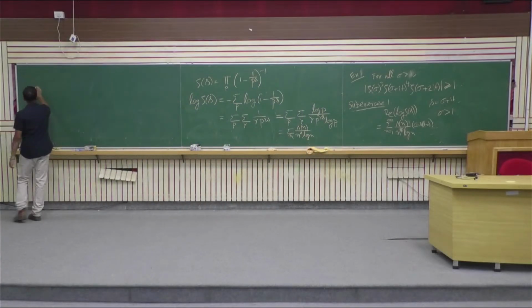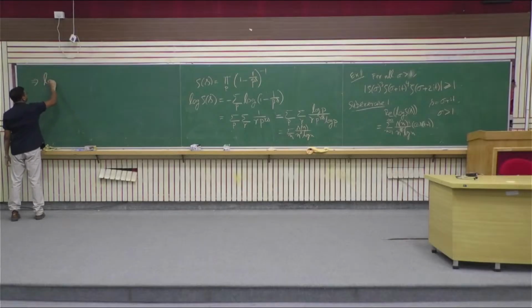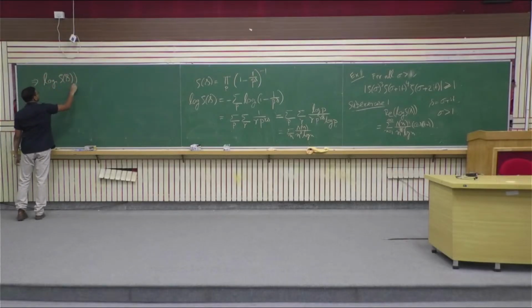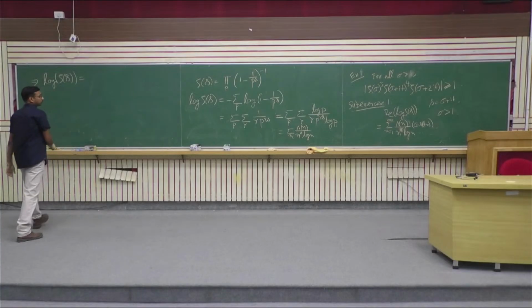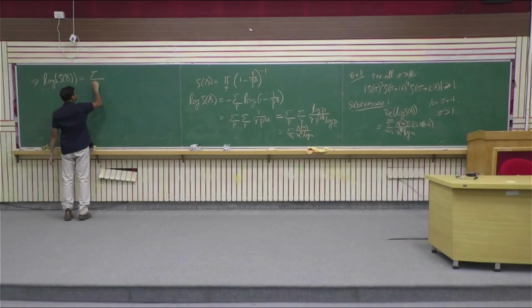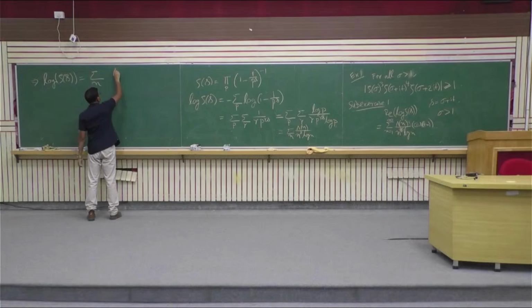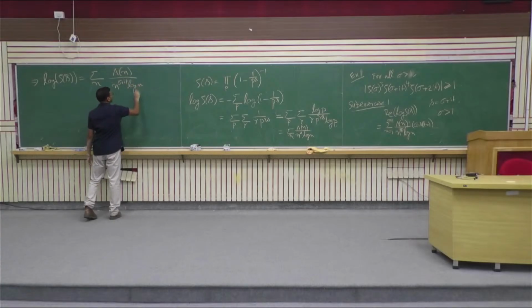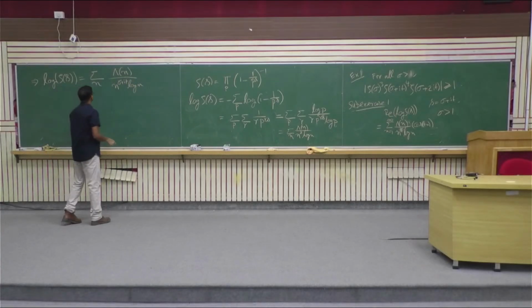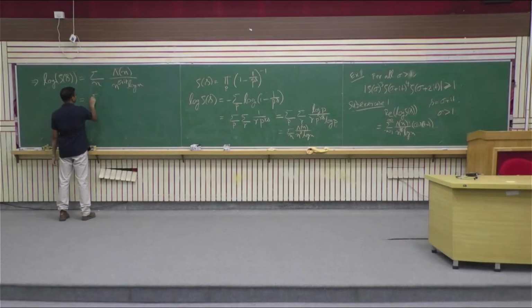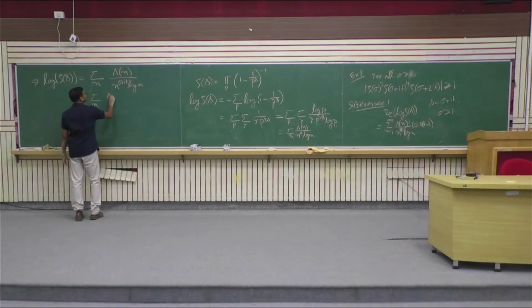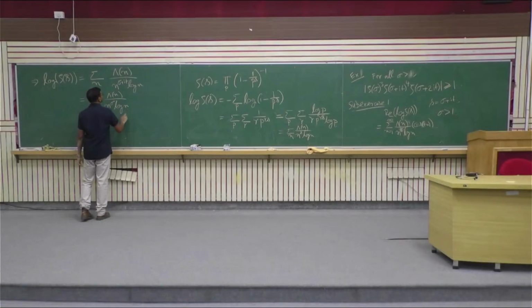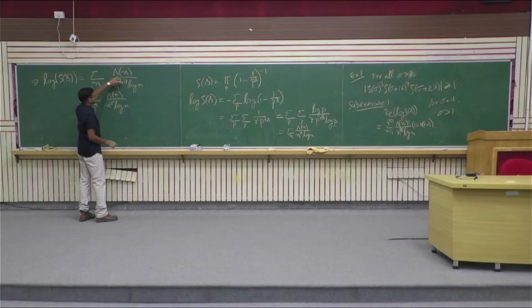So that implies that log of zeta s is equal to sum over n of lambda n by n power sigma plus it, log n. And this is sum over n, lambda n by n power sigma log n, and this one is just n power it.